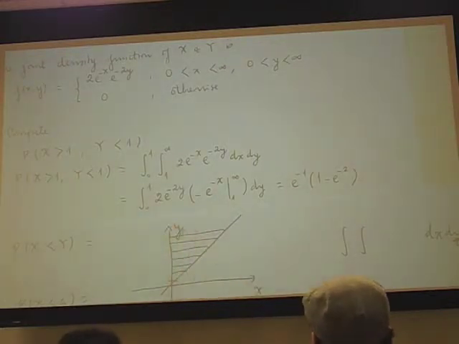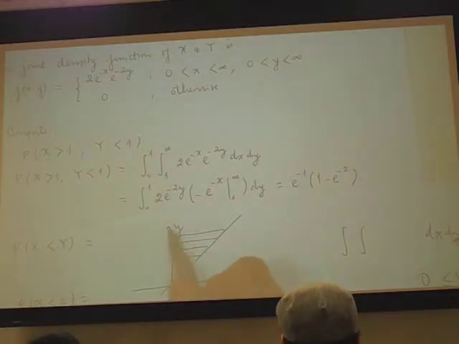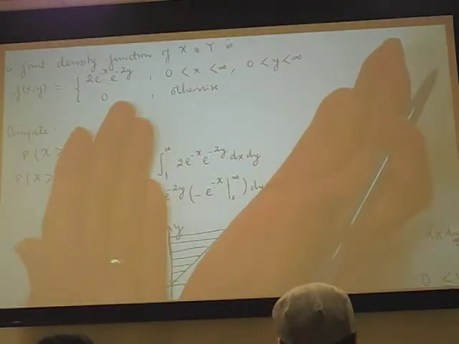Go up, alright? So therefore now, y goes from where to where? 0 over here to infinity, right? And now for x, the lower limit is this one. The upper limit is this thing right here, correct? The line.